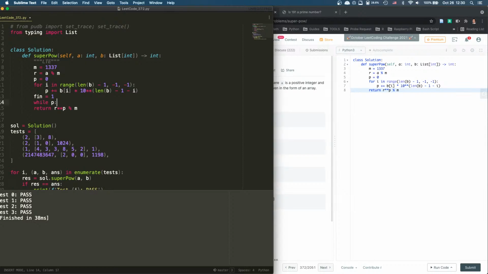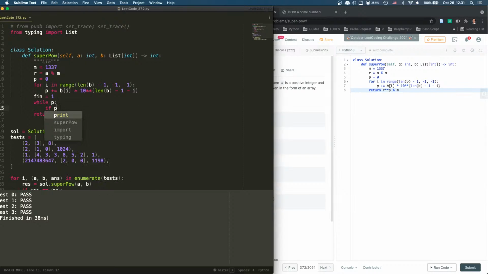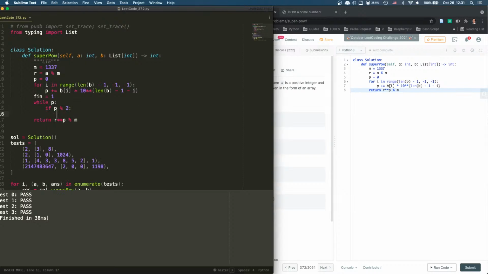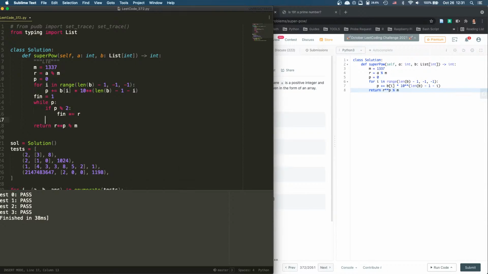And we say if p is not even, right? Then we need to say fin times r, right? And then we need to reduce p by half, right?